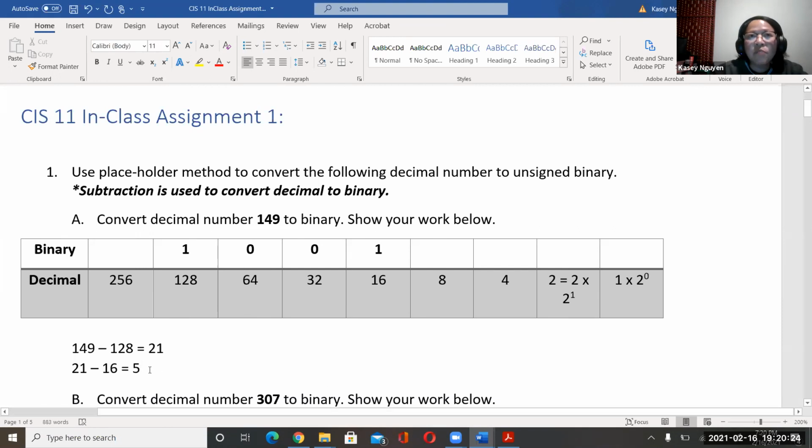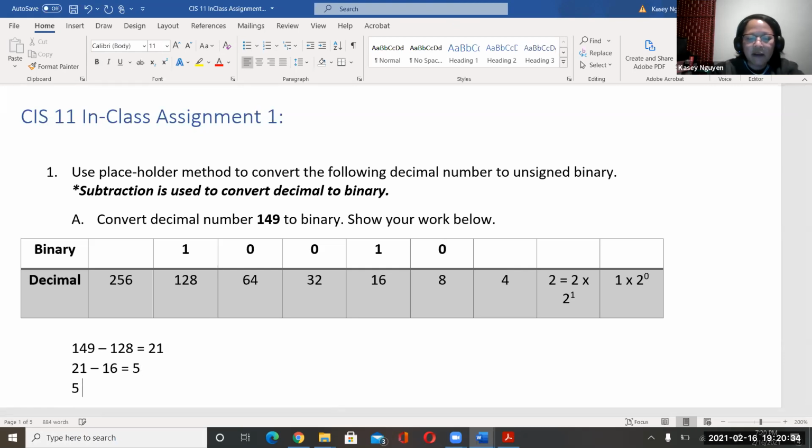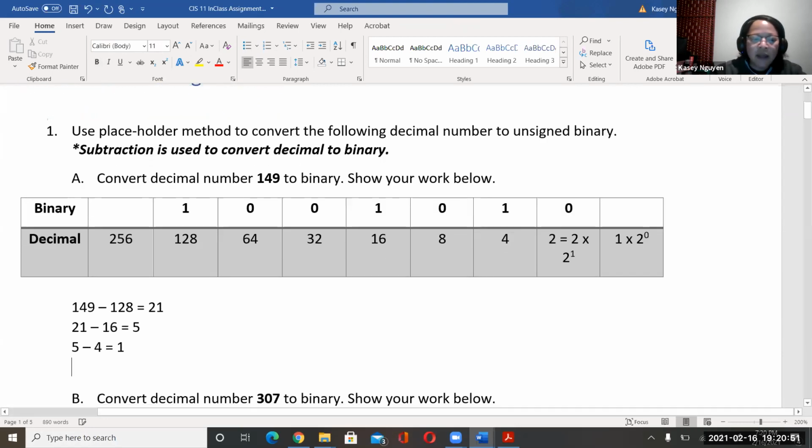I still have to go more. With 5, I cannot subtract 8, that's too high. I can subtract 4, however, so 5 minus 4 equals 1, and since I subtracted the 4, I put 1. I still have 1 left, right? The 2 is higher than 1, so 0. And for the 1, 1 minus 1 is 0.